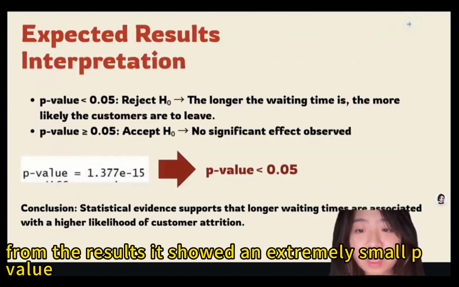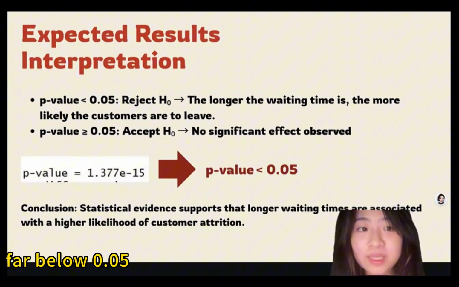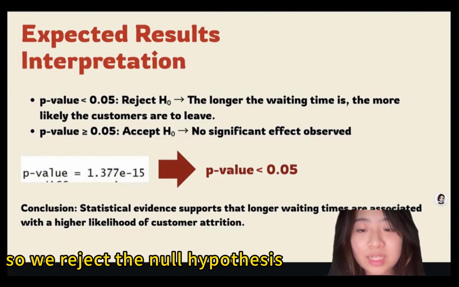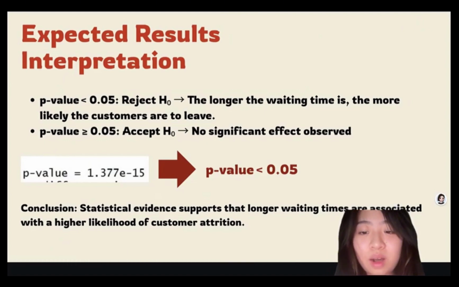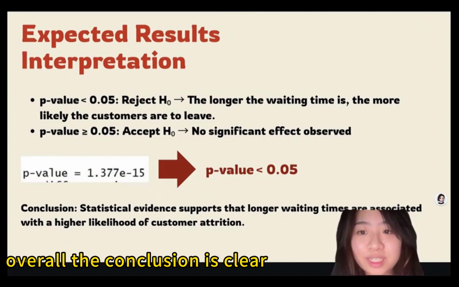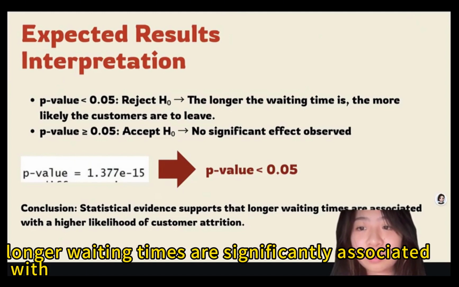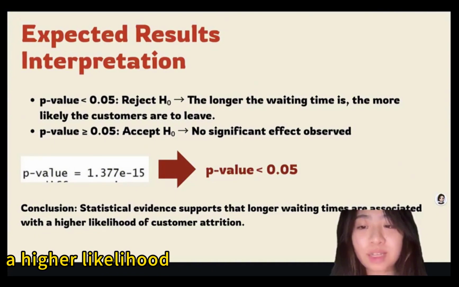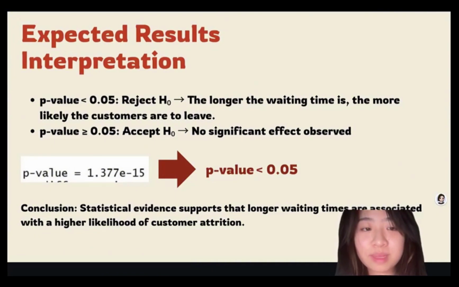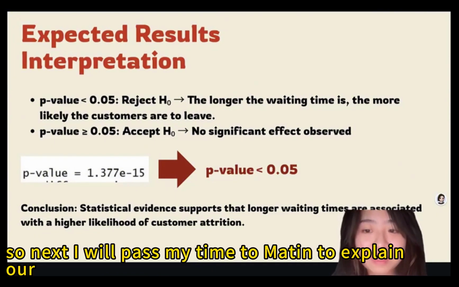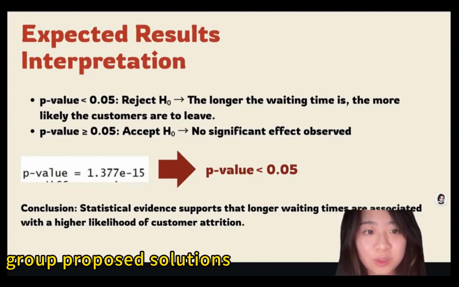From the results, it showed an extremely small p-value, far below 0.05. So we reject the null hypothesis. Overall, the conclusion is clear: longer waiting times are significantly associated with a higher likelihood of customer attrition. Okay, so next I will pass my time to Martin to explain our group's proposed solutions.